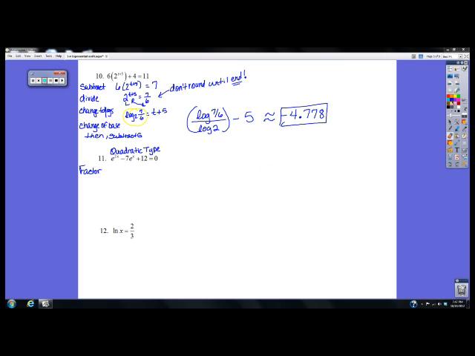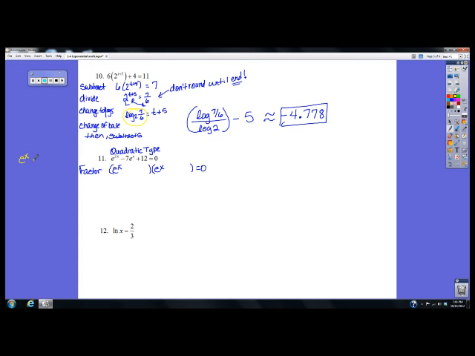Number 11 is what we call a quadratic type because we need to factor on this one. And it's not going to be any harder to factor than just a normal simple factoring problem. So when you look at e to the 2x, you need to think about what's going to multiply to give me e to the 2x. Well, that's going to be e to the x times e to the x. Think about it.